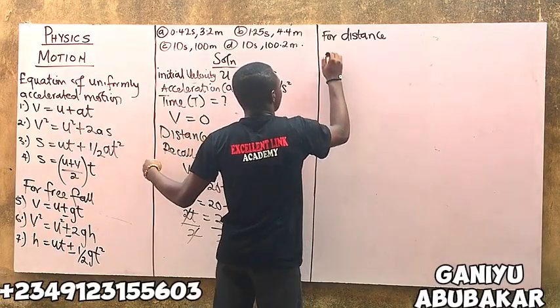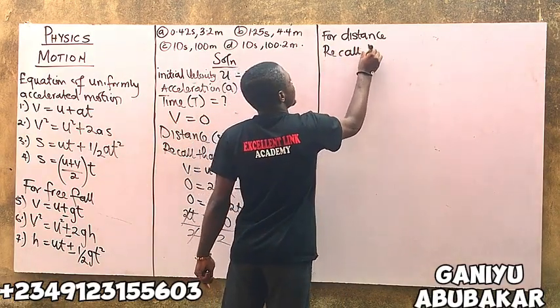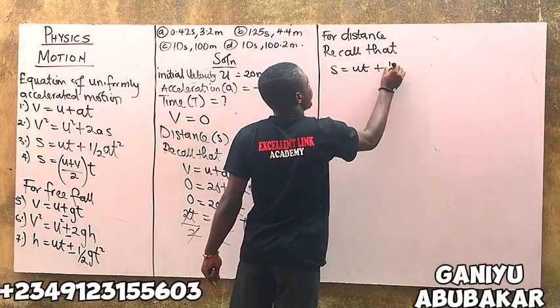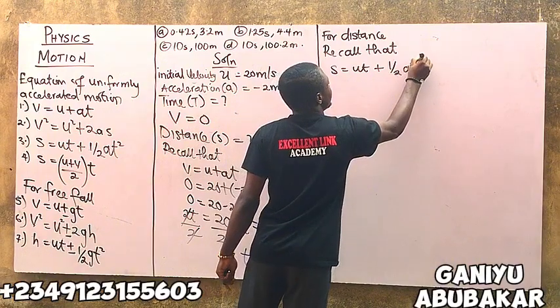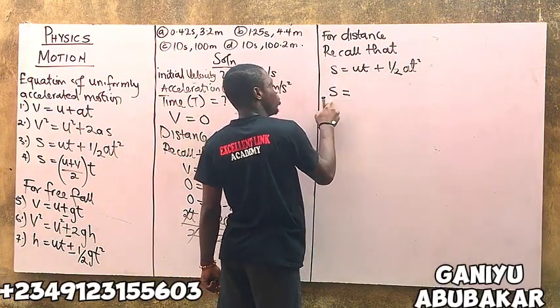For equation 3, recall that we said X is equal to UT plus 1 over 2 AT squared. Let's input the values. X is unknown.